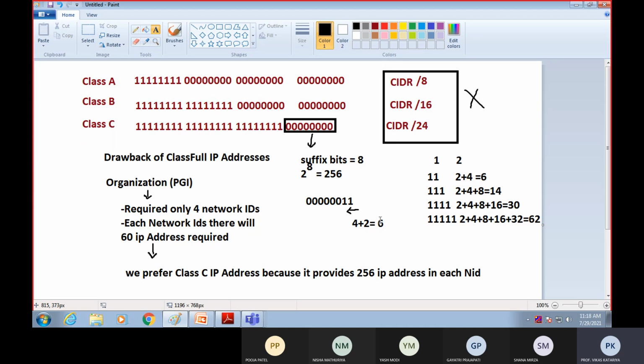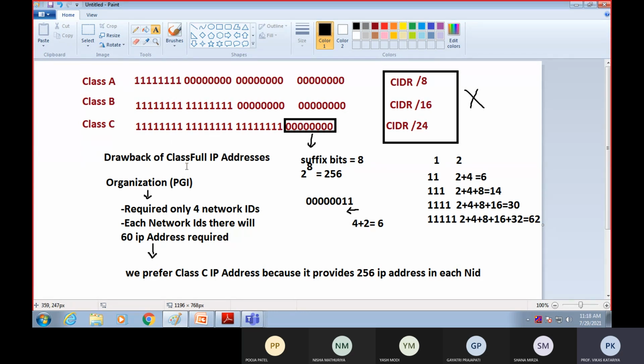That is our requirement. We required 60 IP addresses for each network. So from the host bits, we have to set 5 bits to 1 in order to get 60 IP addresses in each network ID.